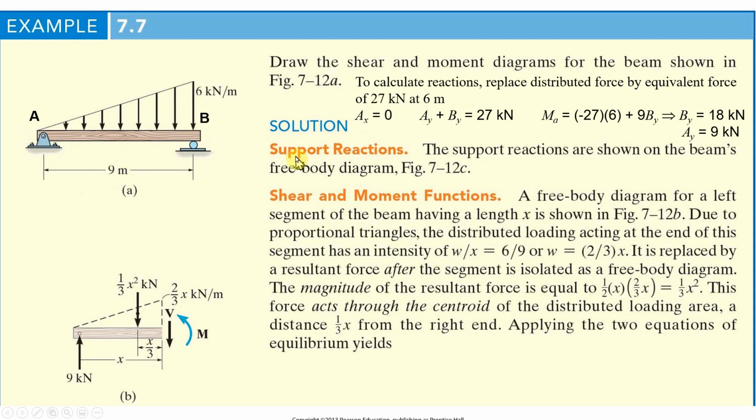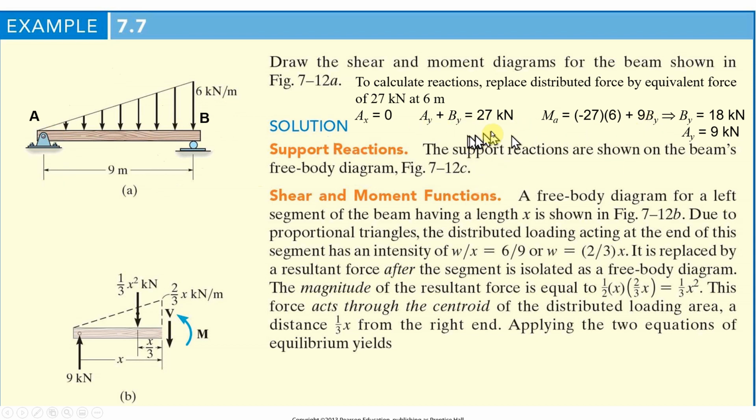AX plus nothing equals nothing. So AX has to be 0. The sum of the two, 6 times 9 divided by 2, or 27 kilonewtons. That's the area under this triangle. That's the total force. So AY plus BY has to sum to 27.